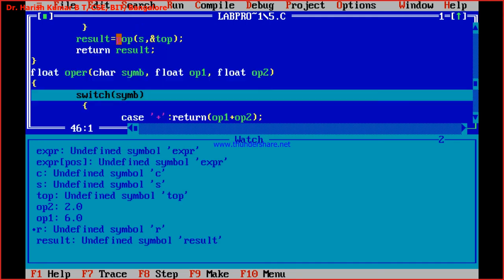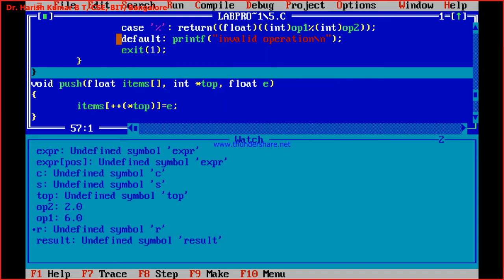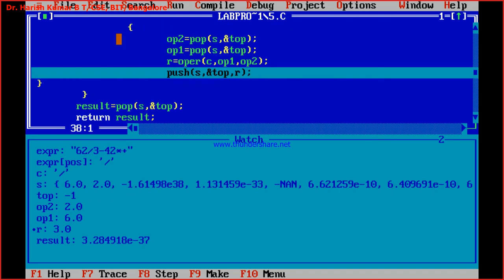Okay, symbol is divide. 6 by 2, answer is 3. Return the result. Yeah, now it is 3. I don't know what I did earlier. Okay, now it is 3, correct. And so instead of F7, I think I pressed the key 7 or F8, I don't remember.